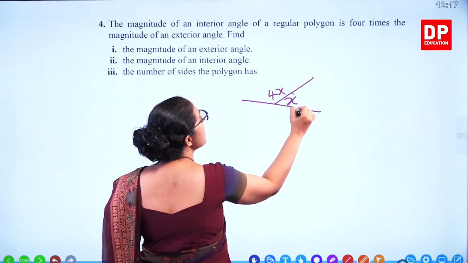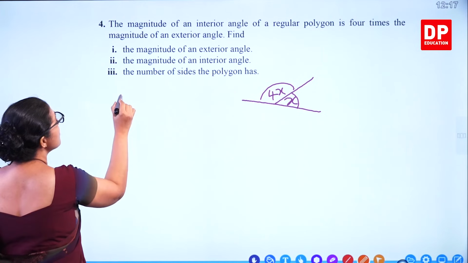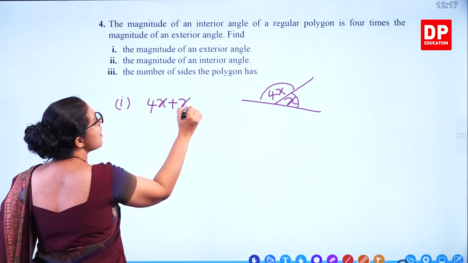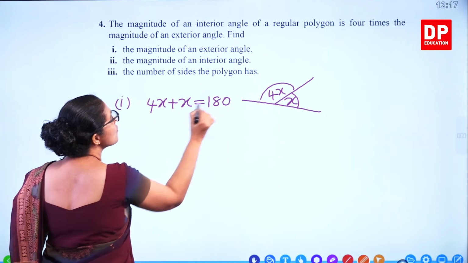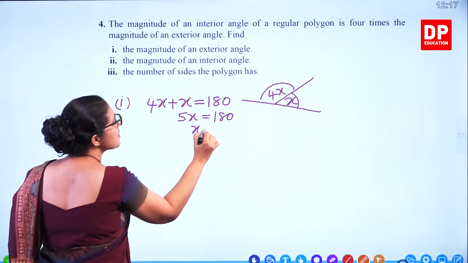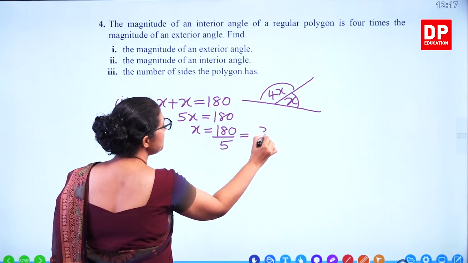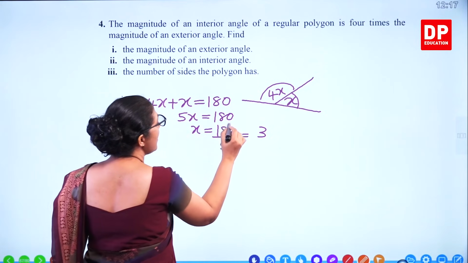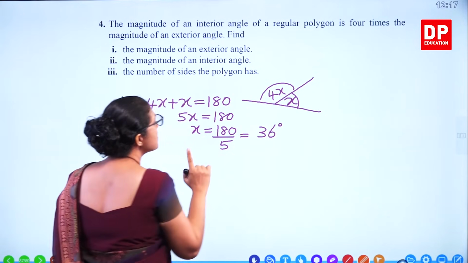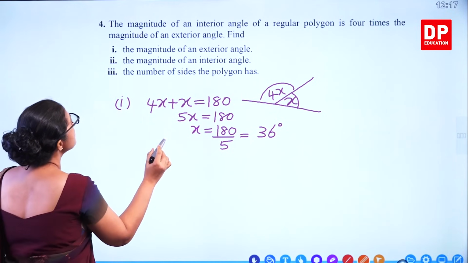If one is x, the other one is 4x. So 4x plus x equals 180. So 5x becomes 180. What's x? 180 divided by 5. 3 and this is 30, that's 6. So x is 36. So that means exterior angle.